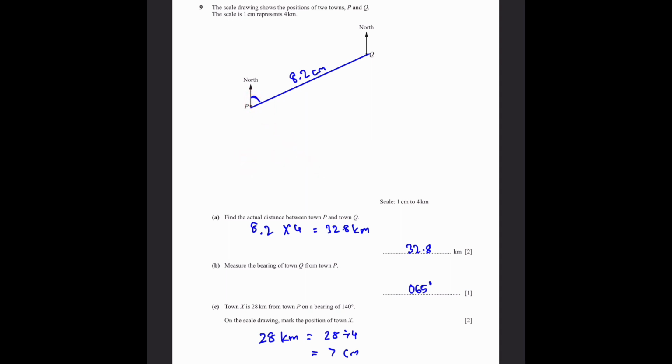So first, we draw an angle of 140, and then a line going through that angle for about 7 centimeters, somewhat like this, and this point is town X. 140 degrees, 65 degrees for the other one. That's the answer.